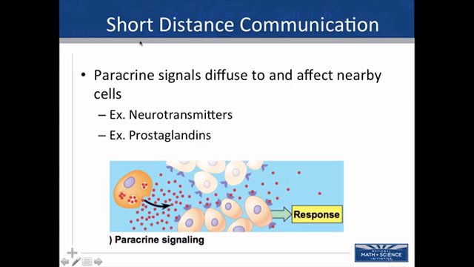A second example of communication would be short distance communication. We see that occurring in a process called paracrine signaling. For example, if you think back to the neurons, you probably wrote this example down earlier when I asked you to give examples of how cells could communicate, because neurotransmitters are a fairly common example, fairly easy for you to remember.